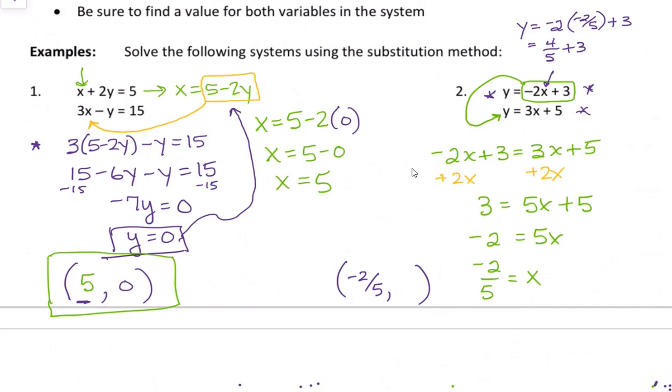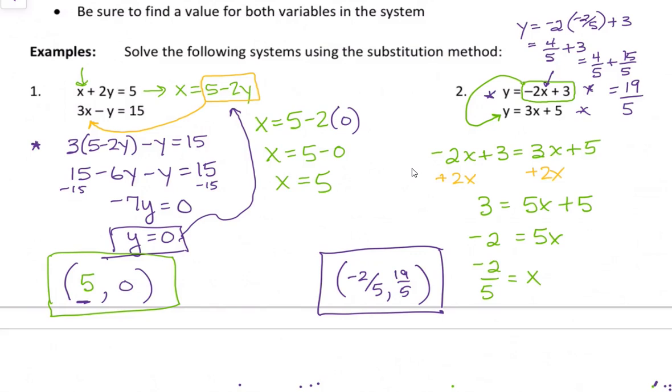And if I change that 3 into a common denominator of 5, I'm going to have 4/5 plus 15/5, which gives me a y value of 19/5. So I have the other half of that ordered pair, and there's the solution to my system.